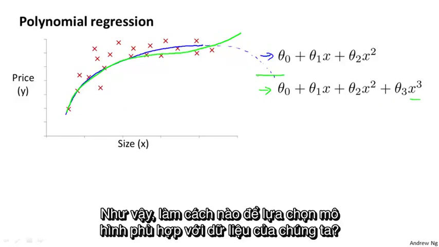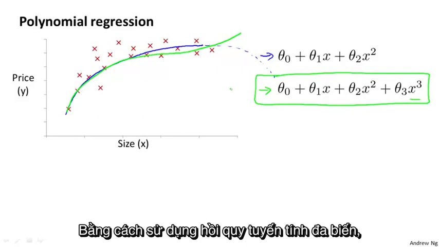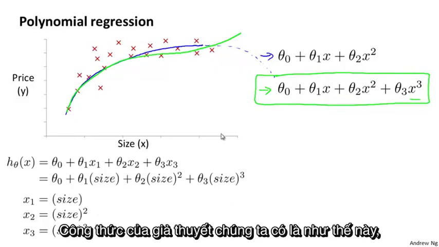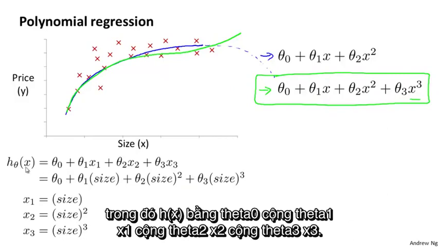So how do we actually fit a model like this to our data? Using the machinery of multivariate linear regression, we can do this with a pretty simple modification to our algorithm. The form of the hypothesis we know how to fit looks like this, where we say that h of x is theta 0 plus theta 1 x1 plus theta 2 x2 plus theta 3 x3.